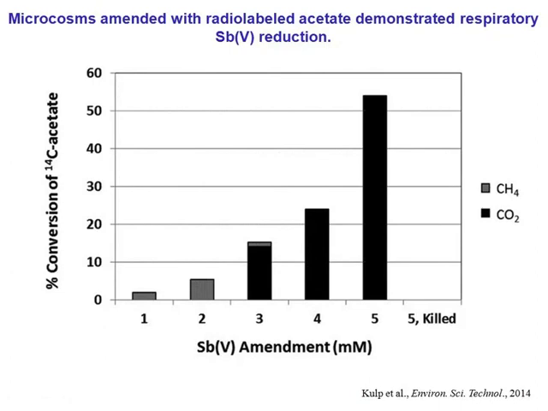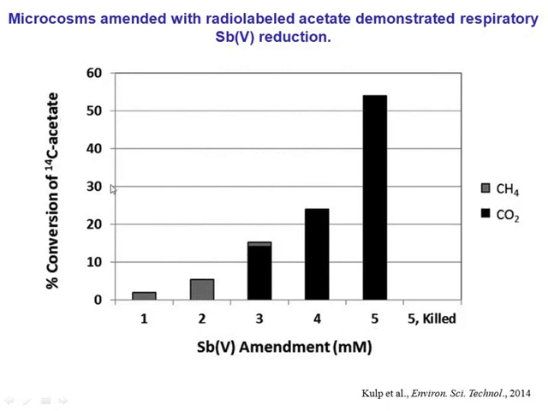We showed that this was a respiratory process in the microbial community here, not just a detox. The reason that the microbes are reducing the antimony 5 is a respiratory process. They're using this to get energy. This is a metabolic process. So in order to prove that, we gave them radiolabeled acetate as their organic carbon source, and we show the production of radiolabeled CO2, antimony-dependent oxidation of 14C acetate to CO2.